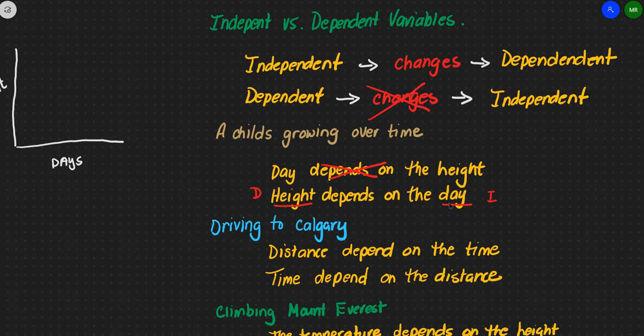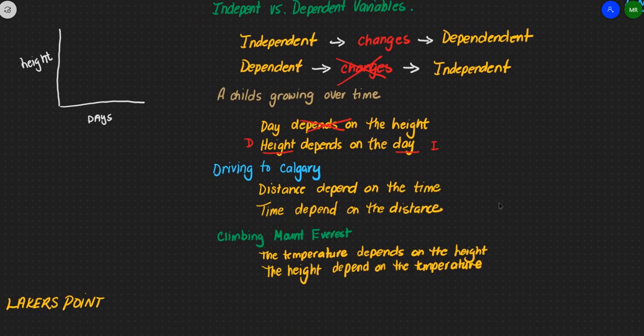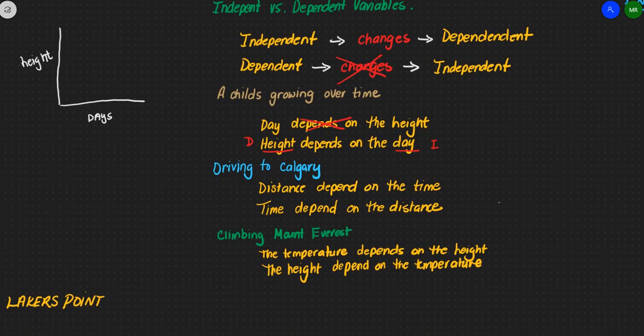Let's look at our other example here of driving to Calgary. In driving to Calgary, would we say the distance depends on the time? In other words, the longer I drive, the further I get? Or does the time depend on the distance? So what makes more sense there?